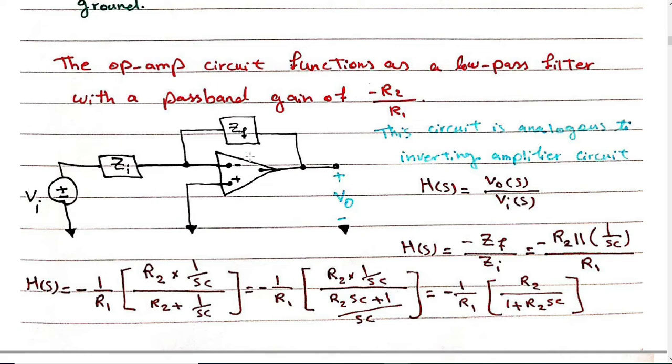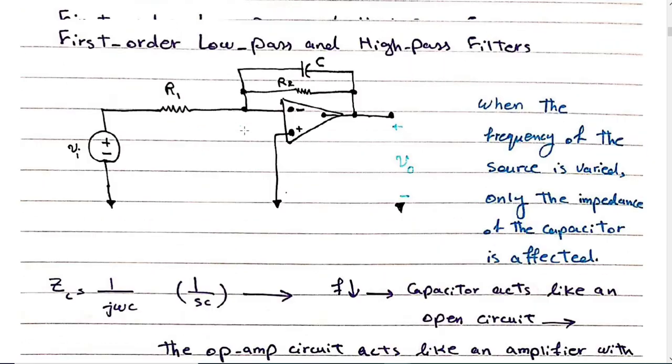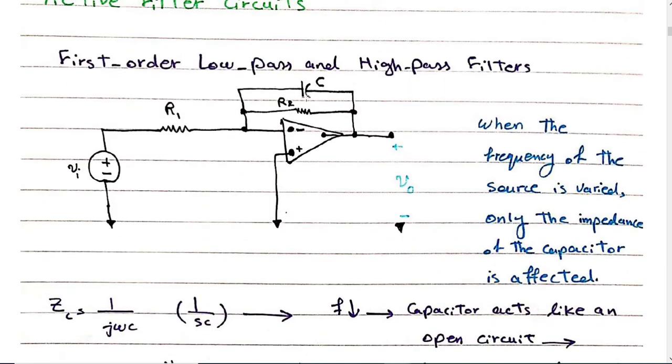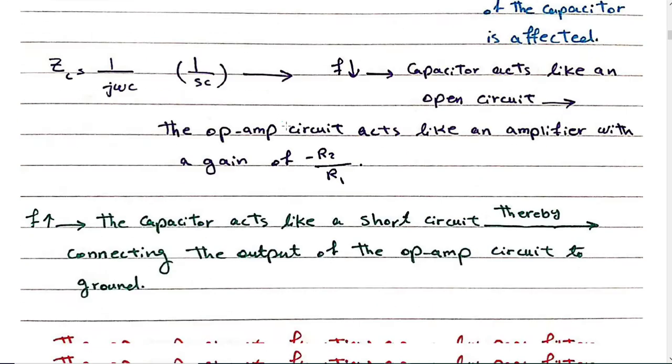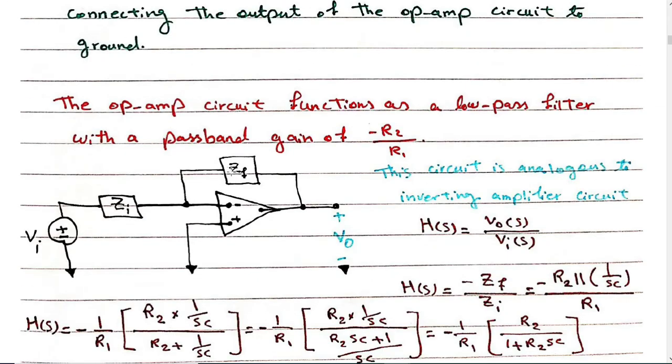The above circuit is something like this. We have ZF over here: a capacitor in parallel with R2. I put them inside a box and called it ZF, the feedback impedance, and over here ZI.